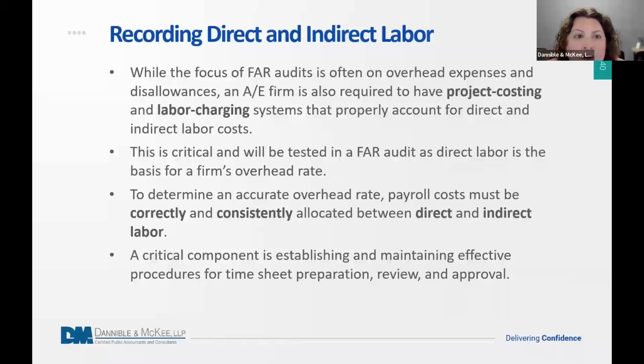And if you have some jobs that are lump sum and some that are cost plus, and you're like, well, I don't really care about the time for this fixed fee contract, well, you have to be consistent in how you're charging your time. So it's really important that you're instilling the process for your people that they're charging their time correctly and consistently.